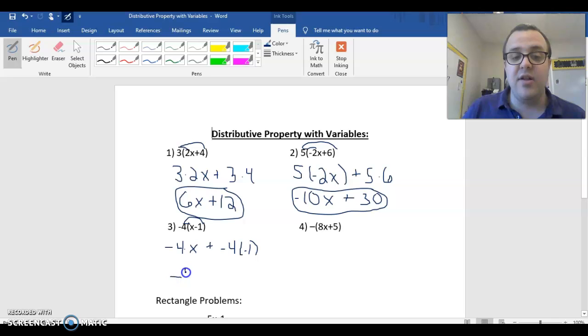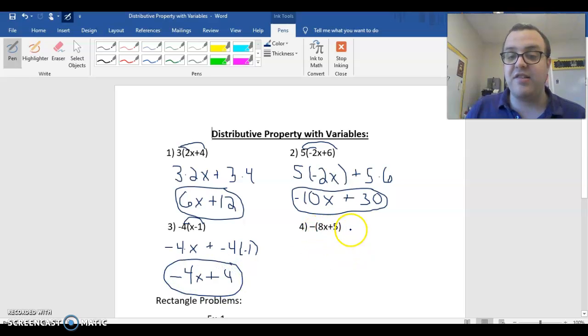That's your answer. Some people like to think about the fact that because I don't see a number with this x, there's actually a 1 hiding there. And so it's like I'm doing negative 4 times 1 to get this negative 4 here. Either way you want to think about it, that's up to you, and it's fine with me. Over here, negative 4 times negative 1, I'm going to get plus 4, and there's our final answer.